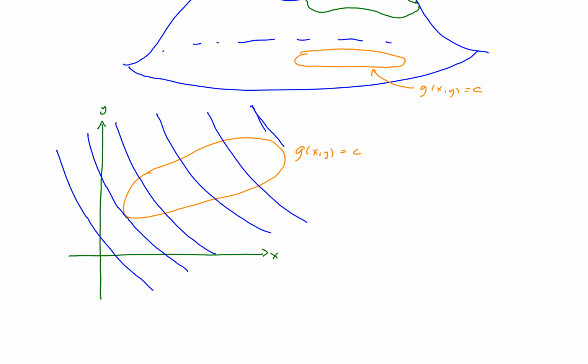Okay, I didn't do a very good job on that picture. We want to look at the level curve that's just tangent to it, like this. And suppose this is maybe 0, 1, 2, 3, 4, 5.